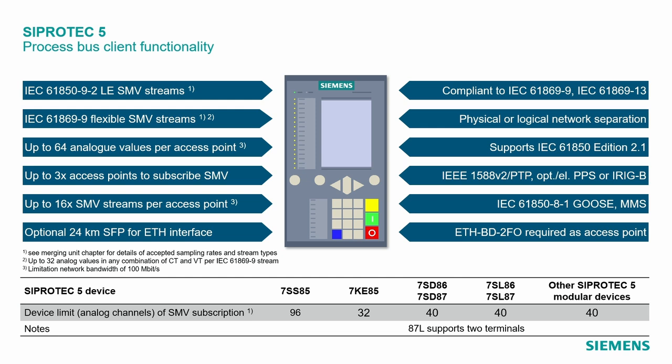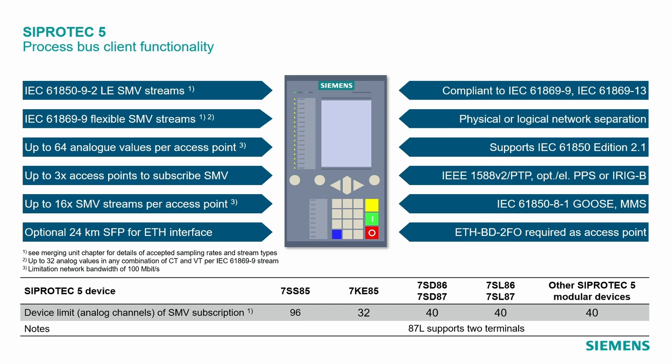Light edition streams can be received, flexible streams, up to 64 analog values can be received in one access point, in one interface. Up to 3 interfaces, up to 3 communication modules can be used for process bus, and in every communication module, up to 16 streams can be subscribed.